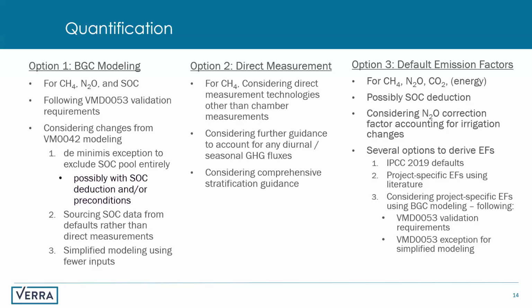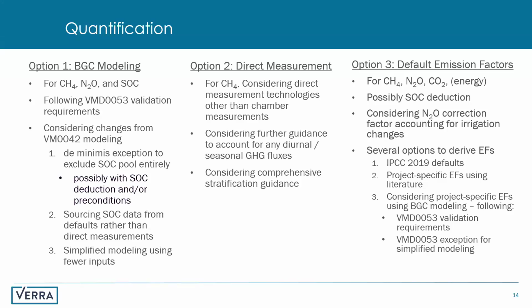The second option we're exploring is direct measurements. Those of you familiar with AMS 3AU will know that there's already guidance in that methodology for this option. So we're going to be exploring that guidance and most likely making substantial updates to that guidance. So for methane, we're going to be creating an option where direct measurements will be possible.